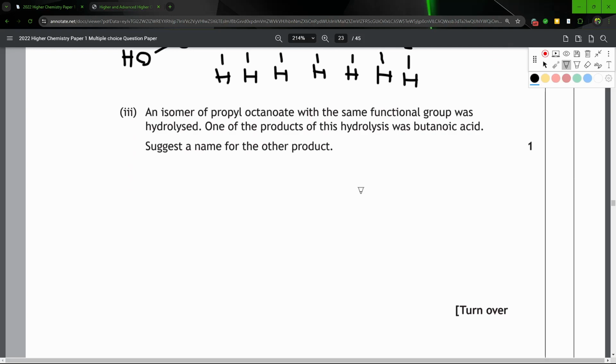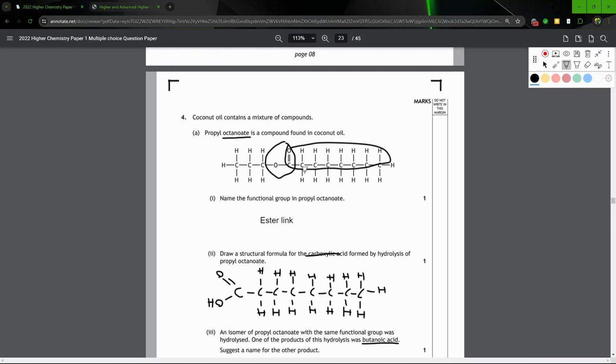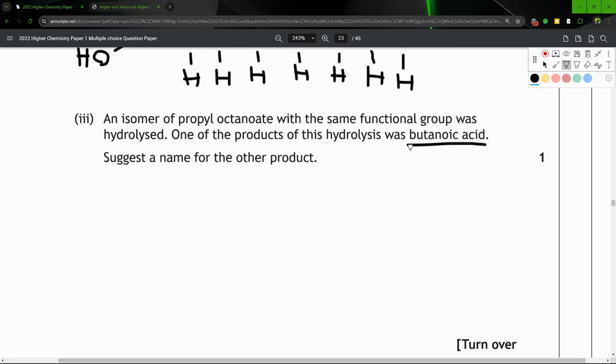An isomer of propyl octanoate with the same functional group was hydrolysed. One of the products of this hydrolysis was butanoic acid. Suggest the name of the other product. Okay, remember, propyl means 3 and octanoate means 8, so a total of 11 carbon atoms. Butanoic, remember, means 4, so how many carbon atoms do we have remaining?